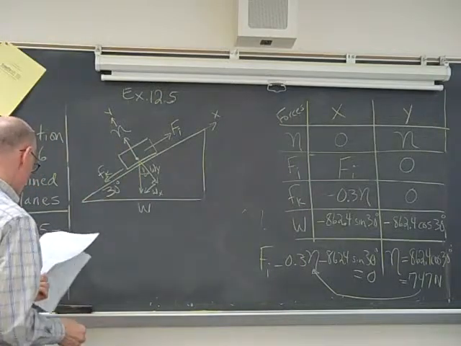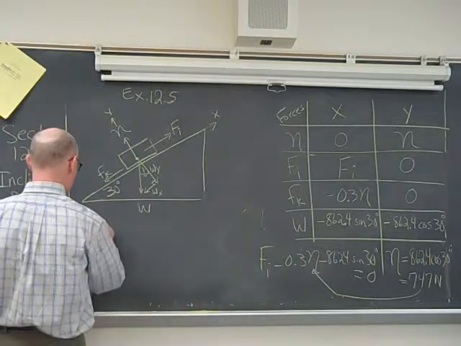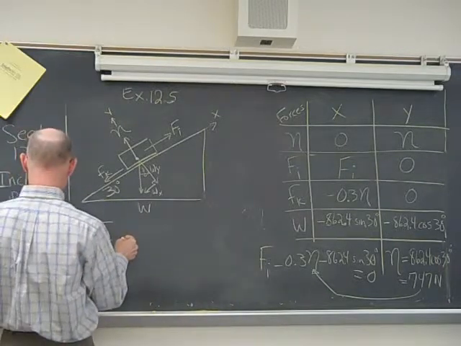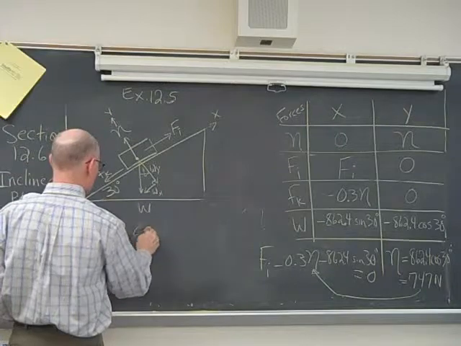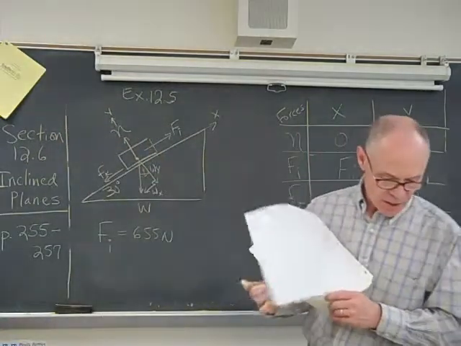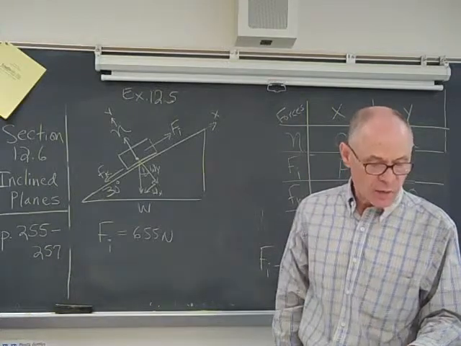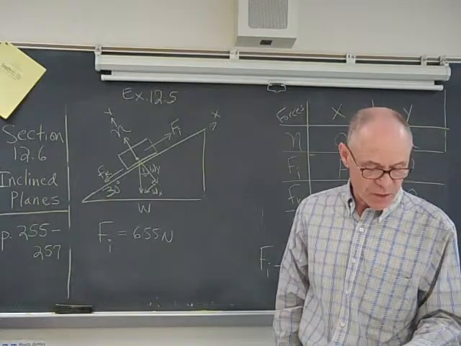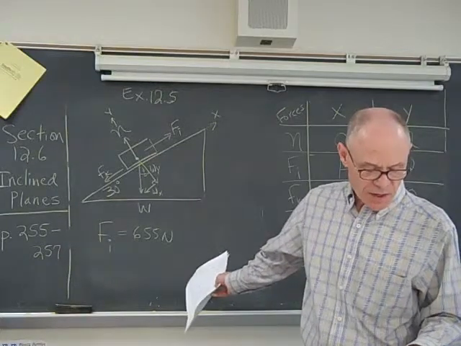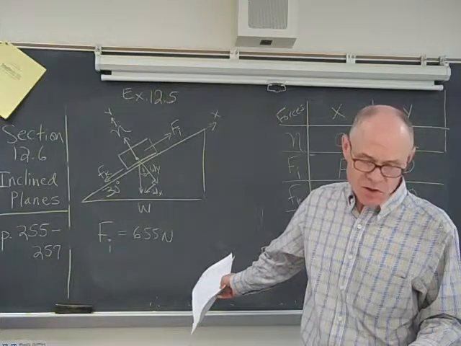It turns out, I'll speed this up here, if we solve that equation for input force, it ends up being 655 newtons. Now this is where there's a typographical error. If you look at the very bottom of page 257, just above the figure, they've got this same equation we have up here, but they say it's equal to 755. That's a typographical error.